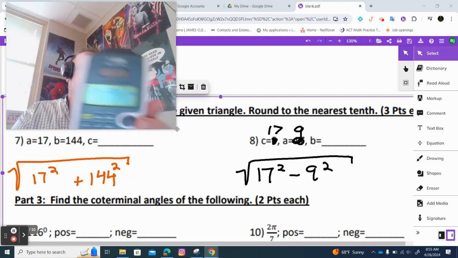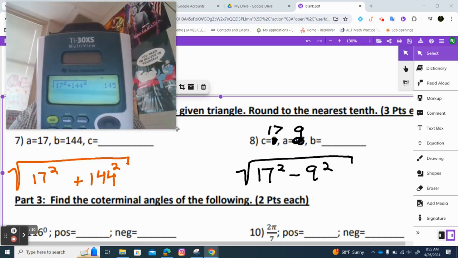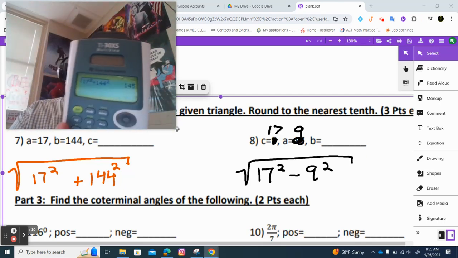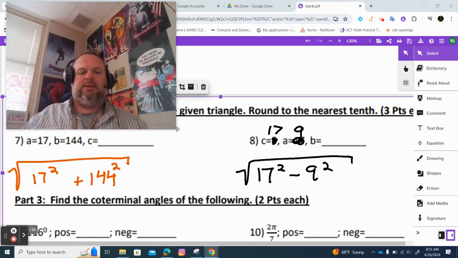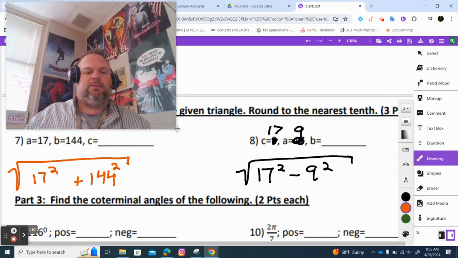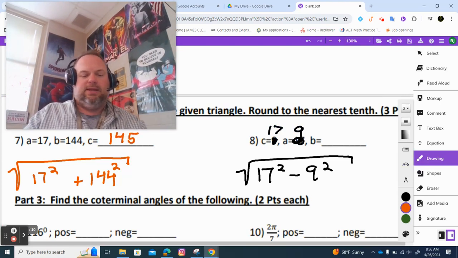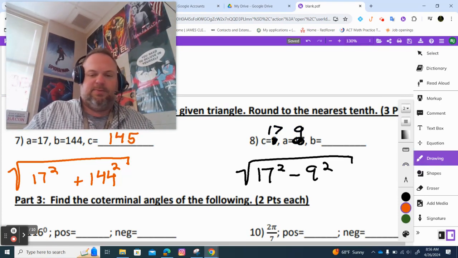Enter. Did y'all get 145? Good, that's what I got. That means we're both right, or we're both wrong and nobody else knows. Minus the typo on number 8.